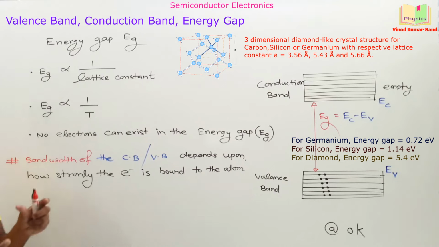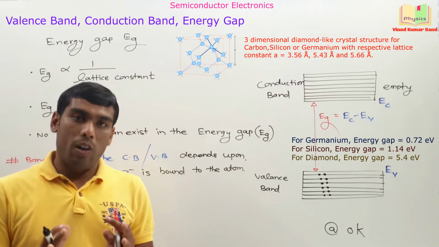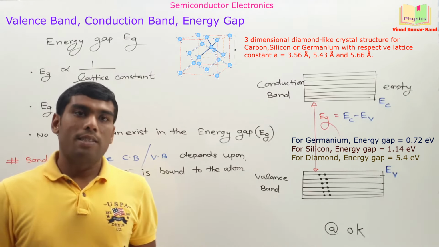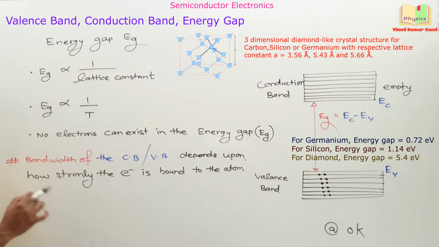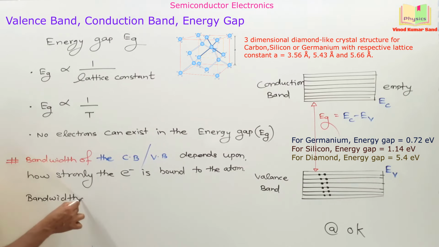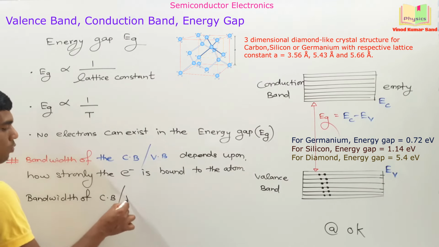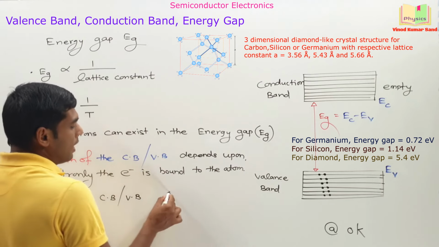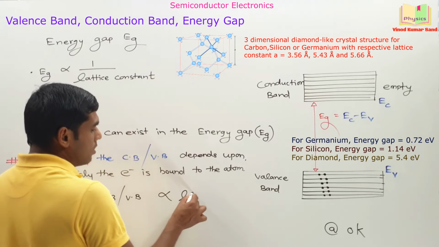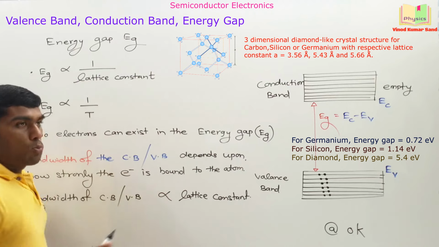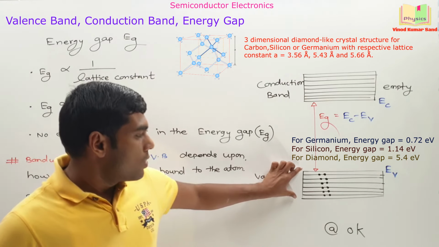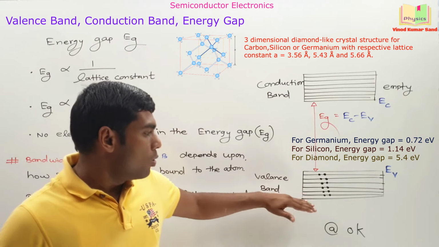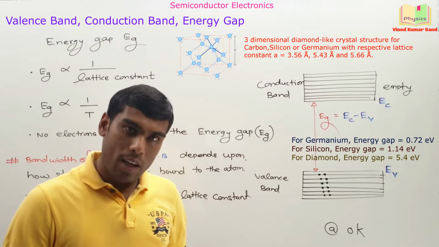If the lattice constant is small, it means there is less space and the electrons are closely bound with the atom. So the bandwidth of the conduction band or valence band is directly proportional to the lattice constant. Smaller the lattice, we will have the smaller bandwidth, because in a small space we need to accommodate the given energy levels.